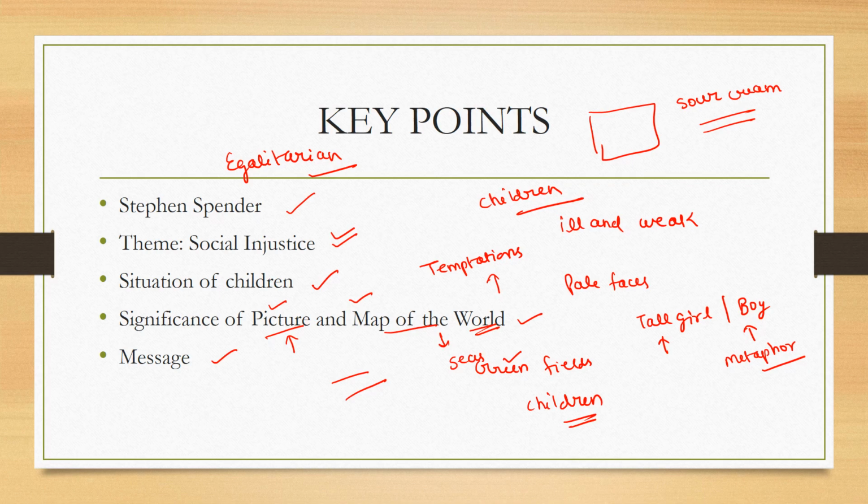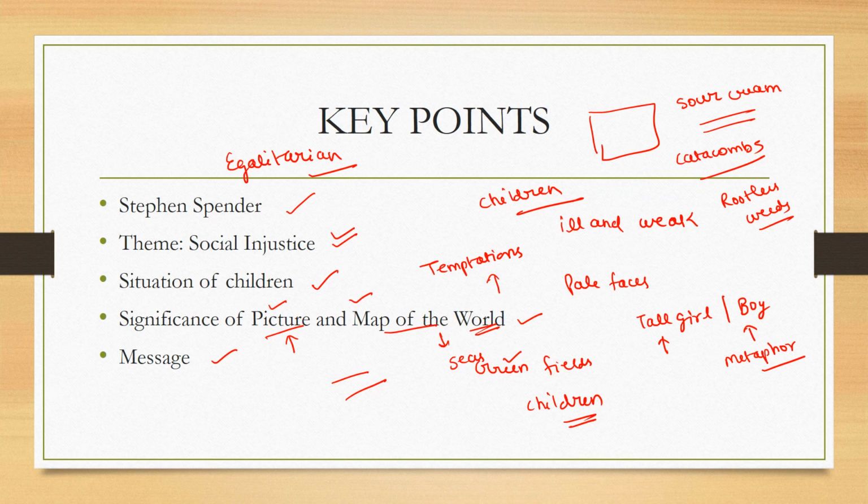Then the situation of these children is compared with catacombs, which are an underground place for dead bodies. And they are like rootless weeds, that means grass without roots. So it doesn't seem that they are given appropriate nutrition. So this is the poem.